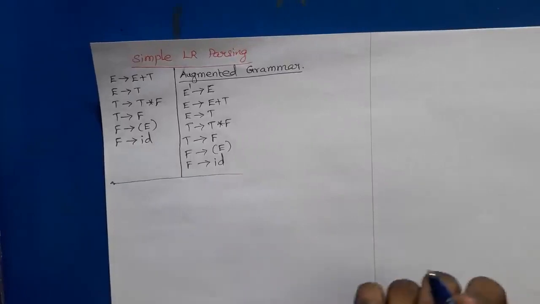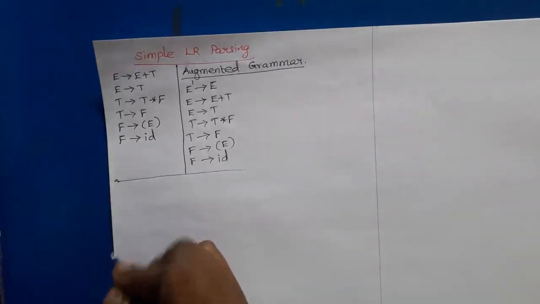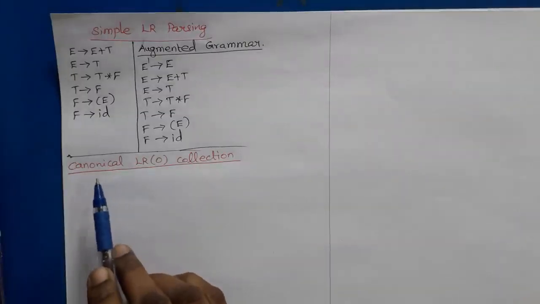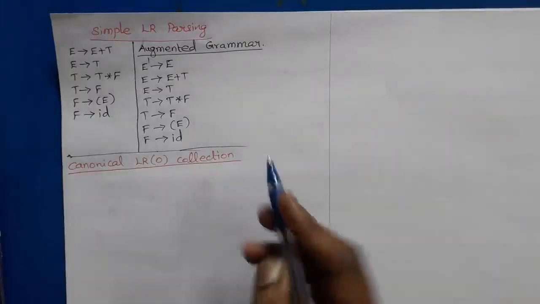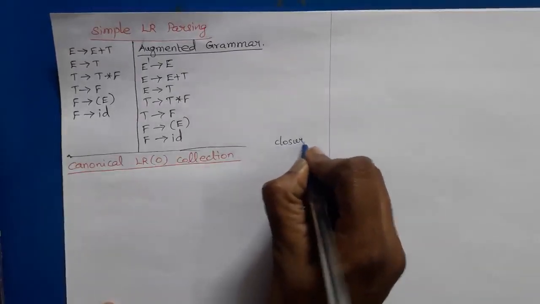Then before constructing the SLR parsing table, the next step is finding the canonical LR(0) collection. To do this, we need two functions, closure and goto.